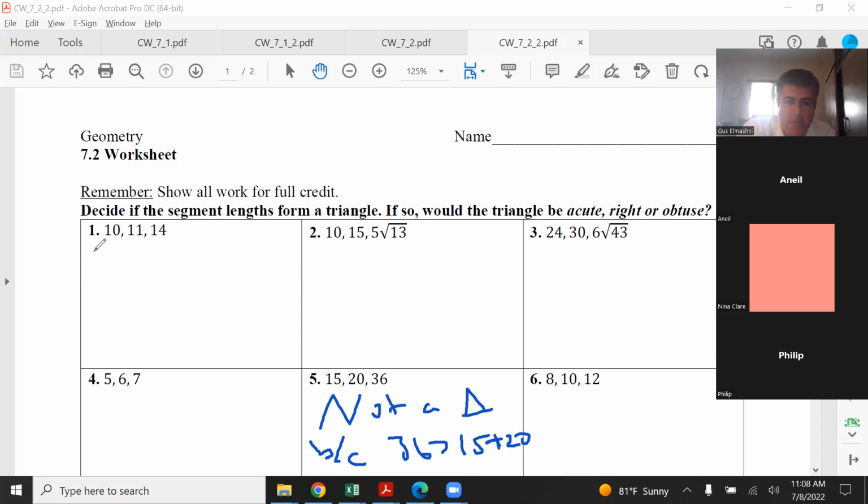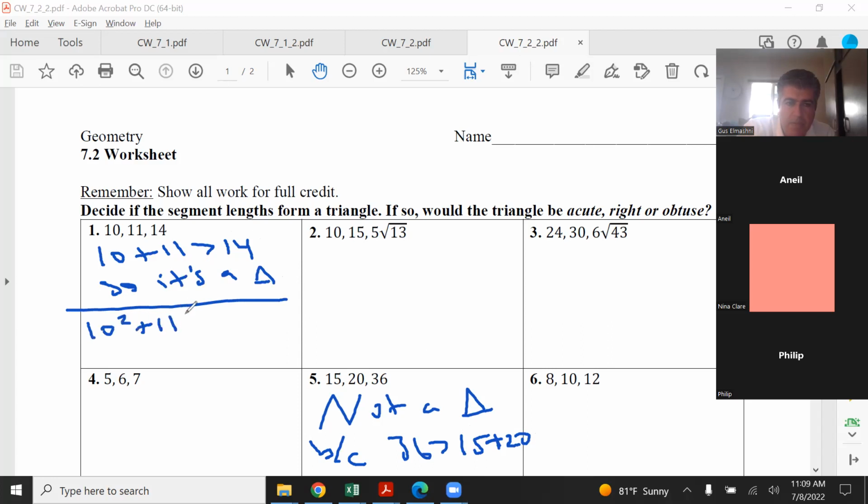Whereas number 1, that would be a triangle. 10 plus 11 is greater than 14. But then what you have to do is you have to compare 10 squared plus 11 squared, and I'll put a box here, to 14 squared, you get 196. 100 and 121.